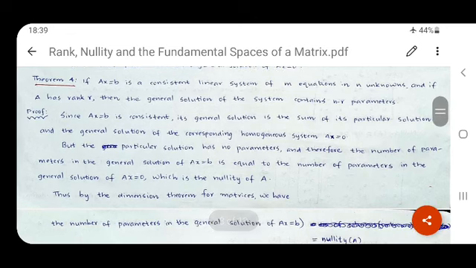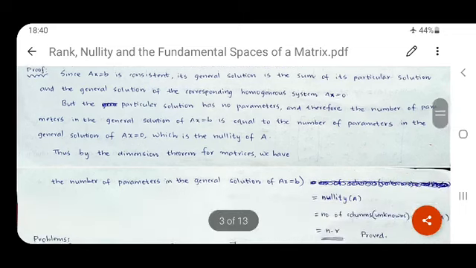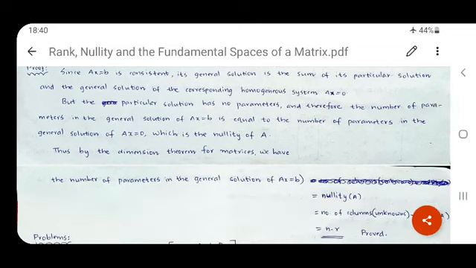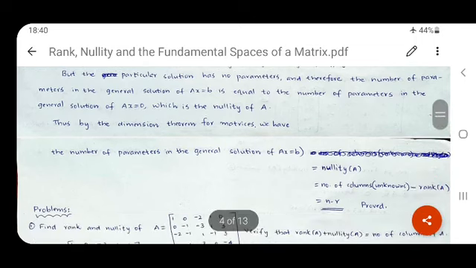But the particular solution has no parameters, and therefore the number of parameters in the general solution of Ax equal to B is the number of parameters in the general solution of Ax equal to 0, and that is the nullity of A. Hence, by the dimension theorem for matrices, the number of parameters in the general solution of Ax equal to B is equal to the nullity of A, which is the number of columns minus the rank of A, and that is equal to n minus R. And this follows from the dimension theorem.